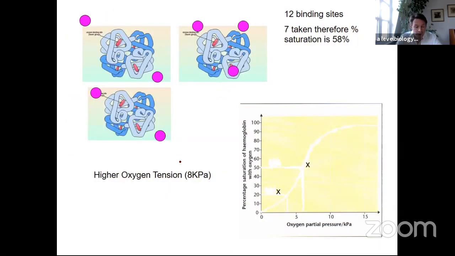So now, when we've got 8 kilopascals of oxygen, then more of the oxygens are going to bind to more of the binding sites. So now we take up 7 out of the 12, which is 58%. So we've increased the saturation here to 58%.